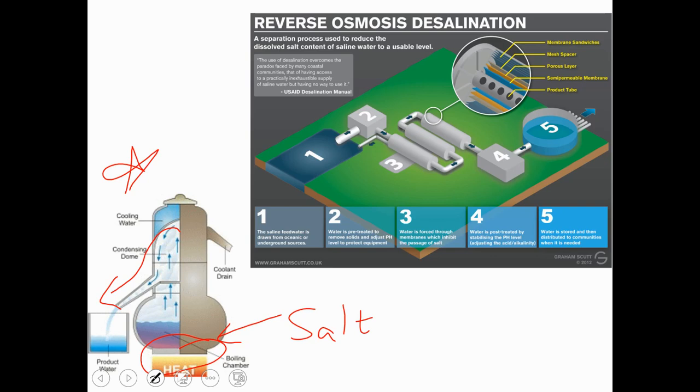And then we have reverse osmosis, and really it's just a set of very, very tiny holed membranes, and we force water through there. Osmosis is the movement of water from high concentration to low concentration. With reverse osmosis, we're forcing that water through those membranes, or they call it microfiltration sometimes.